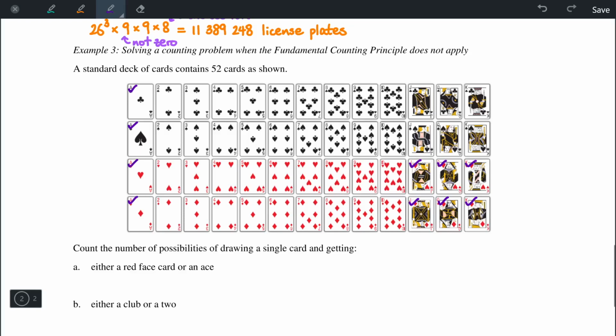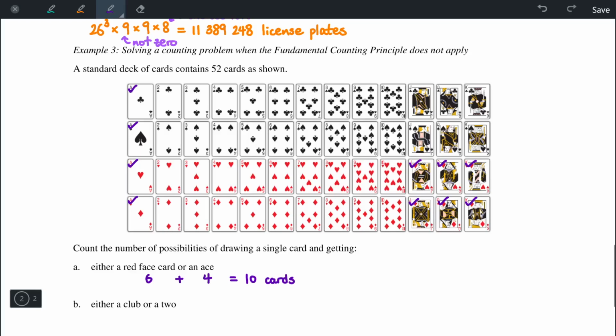Okay, so we are actually going to add the first 6 possibilities, so the 6 red face cards and the 4 aces together. So there are 10 cards. Notice that unlike the previous examples, we're not multiplying the numbers together, we're just adding them. And that makes more sense to do here.